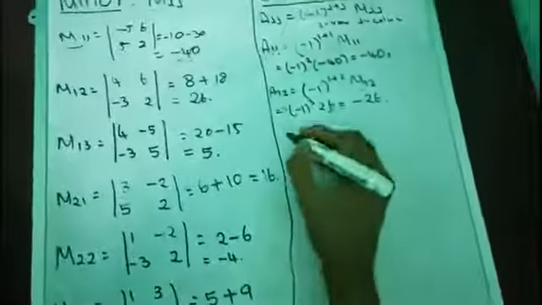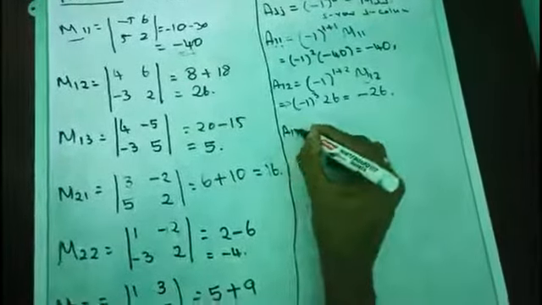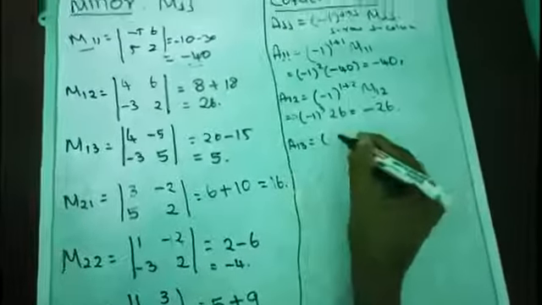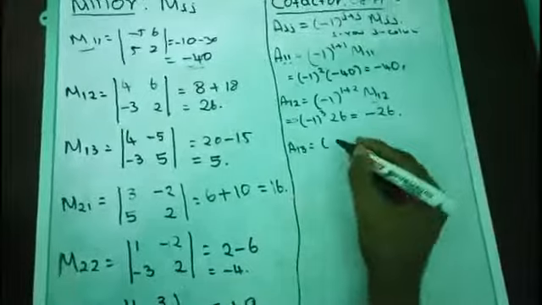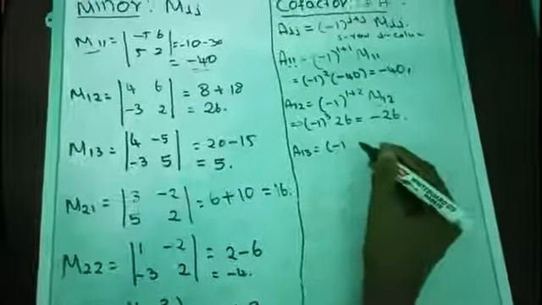Okay, same thing, A13 is equal to minus 1 power i value 1 plus j value 3 and M13. So minus 1 power 4. M13 value is 5. Just apply 5, minus 1 power even, which will be plus 5.